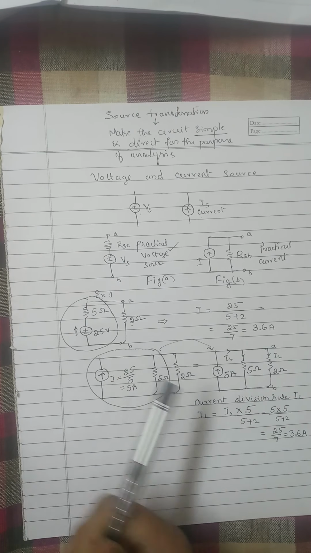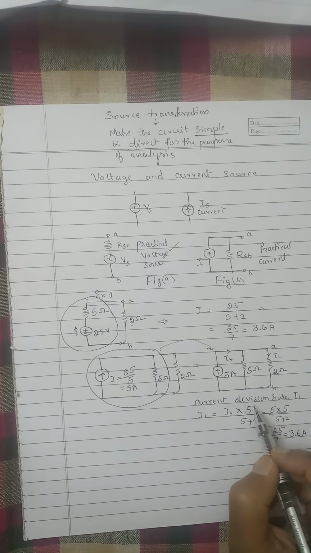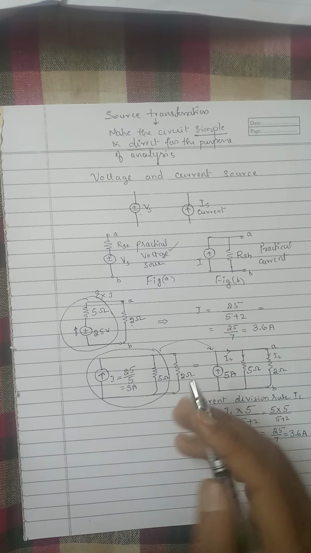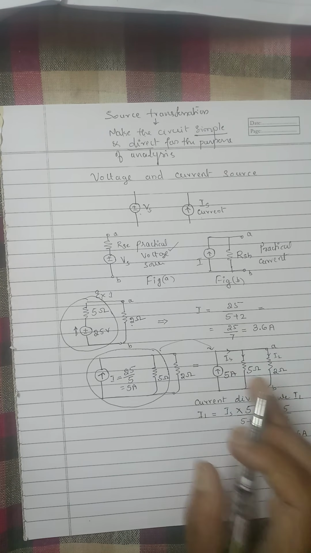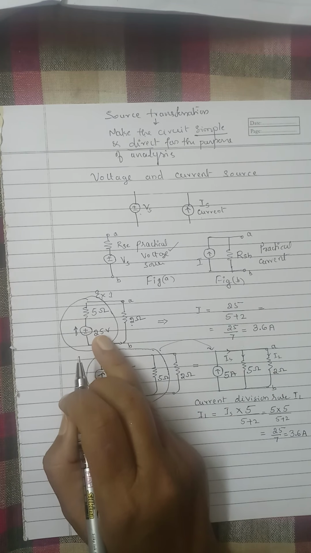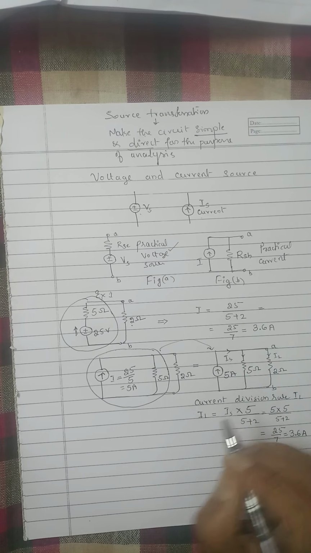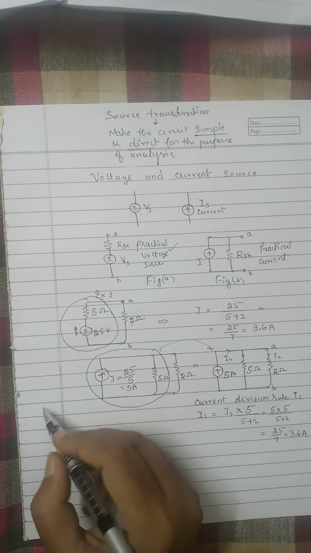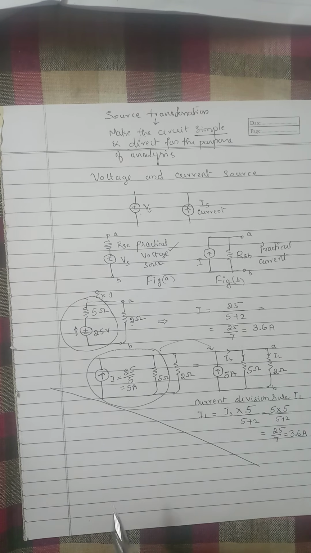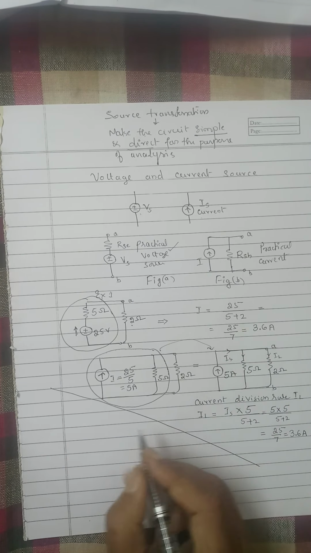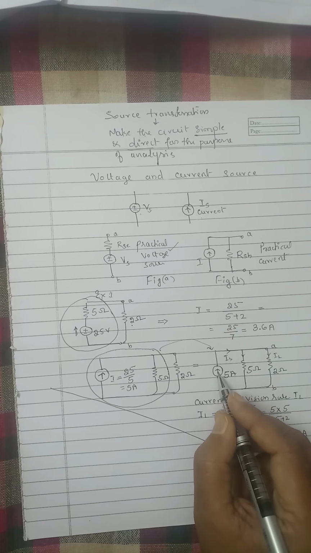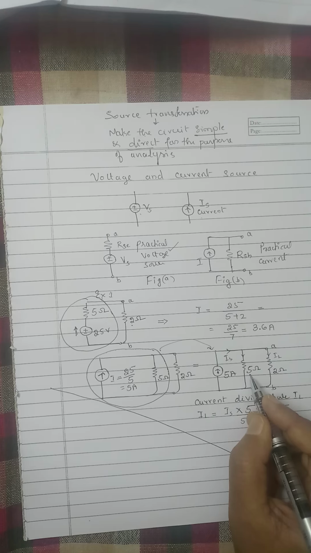So this example illustrates that a voltage source can be transformed to a current source. Similarly, I'll get the same answer by converting this current source into a voltage source by applying source transformation. I'll take this current source, by the rule of transformation, that is a current source of 5 ampere connected with a 5 ohm parallel resistor.